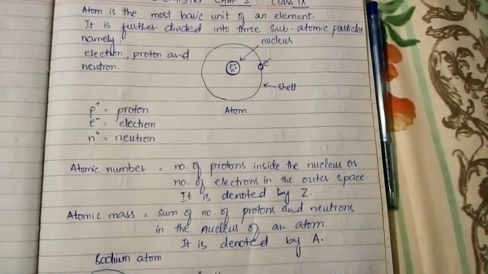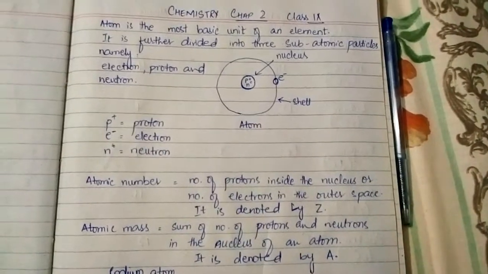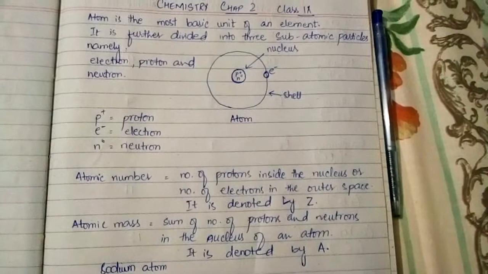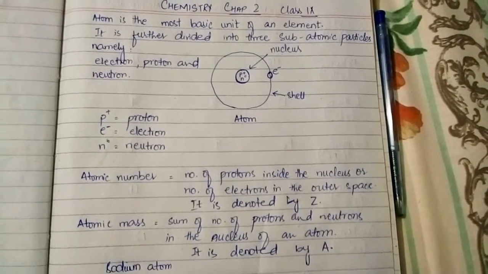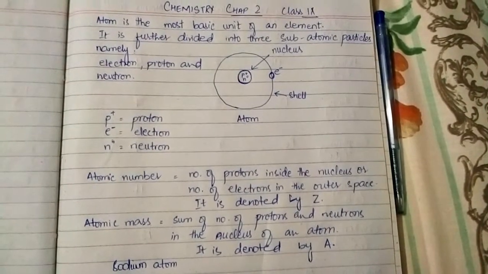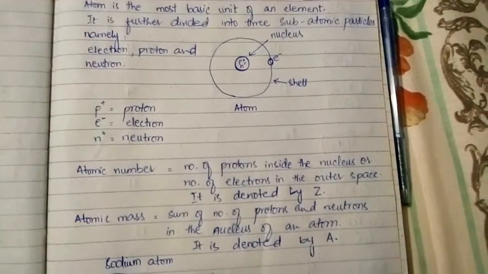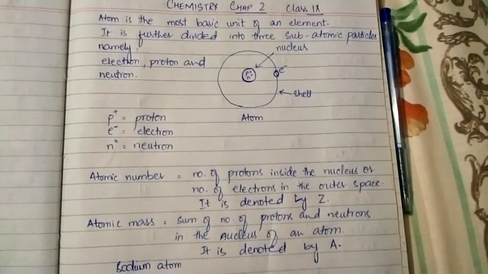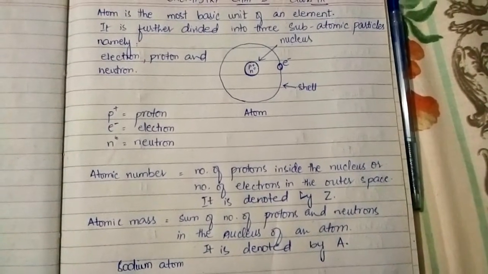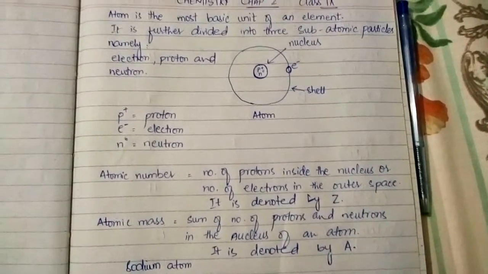Or another definition of it could be that the number of electrons in the outer space of an atom is equal to the atomic number, because the number of protons and electrons in a neutral atom are the same. ठीक है, इसीलिए हम इन दोनों में से एक को कंसिडर कर सकते हैं and we consider the atomic number of that element. Alright, coming on to atomic mass, that is the sum of the number of protons and neutrons in the nucleus of an atom.